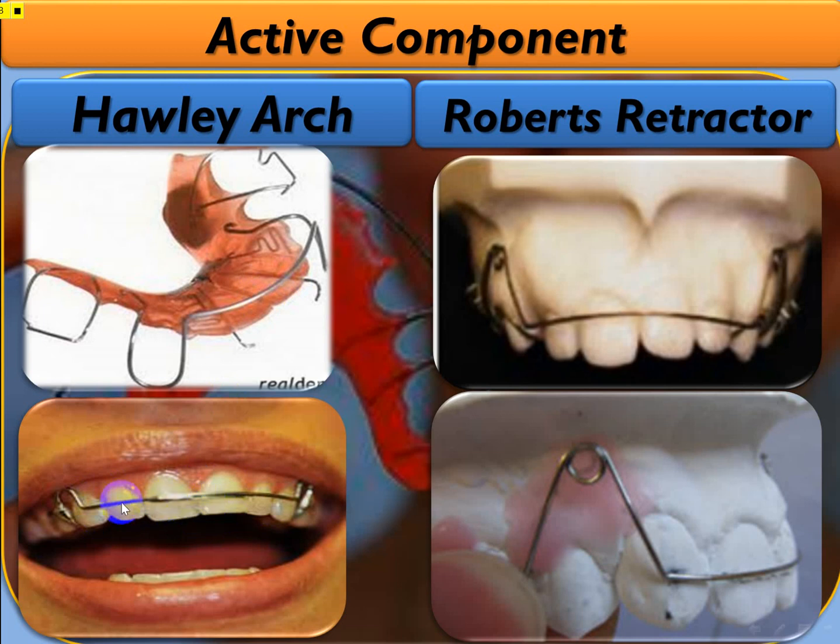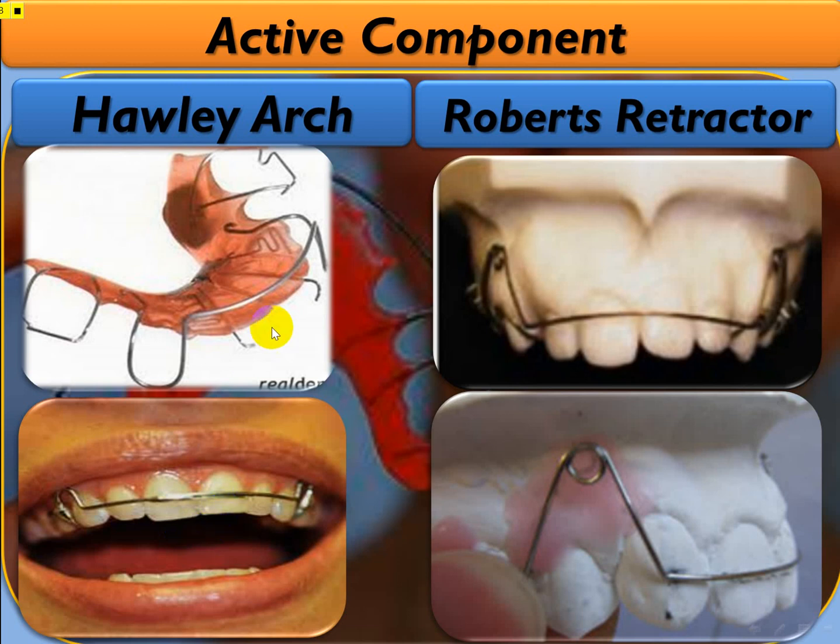This type of Hawley arch consists of a labial arch and a U-loop located here on the canine, and two tags. It is used as an active component for retraction of the upper incisor teeth when the overjet is less than 6 mm.